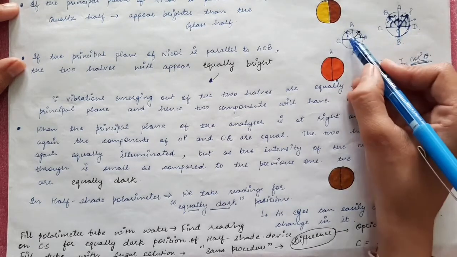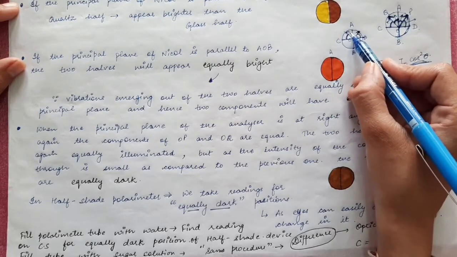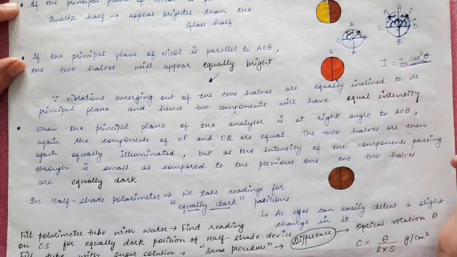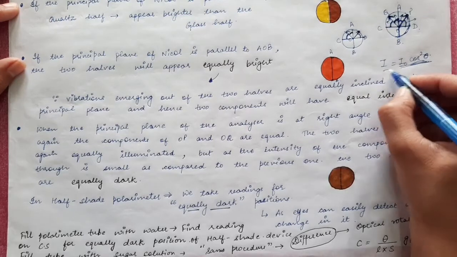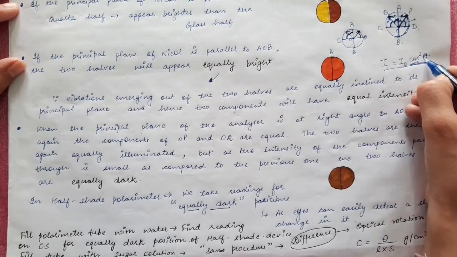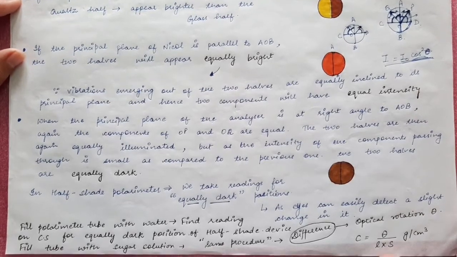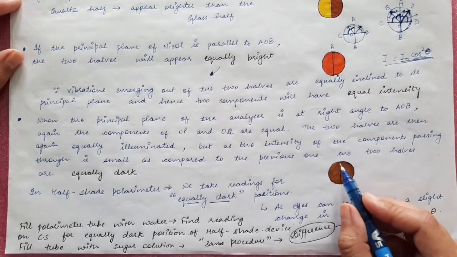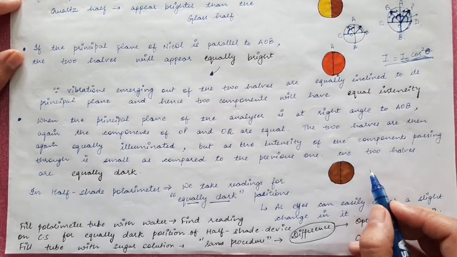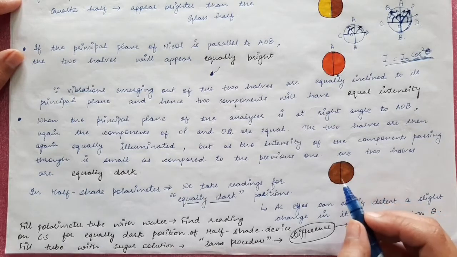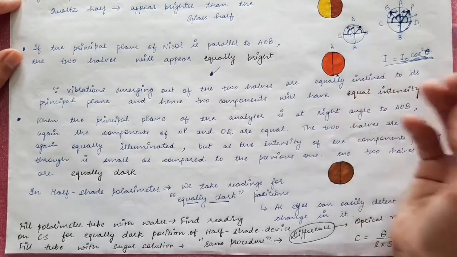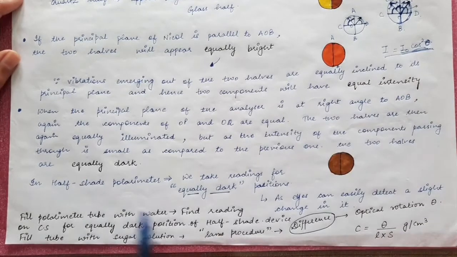But in this case this angle is greater than this angle, so intensity will be reduced as compared to the previous case. The intensity will be given by Malus law, but now the theta angle will be more. Therefore the two halves will appear equally dark when the principal section is parallel to COD.